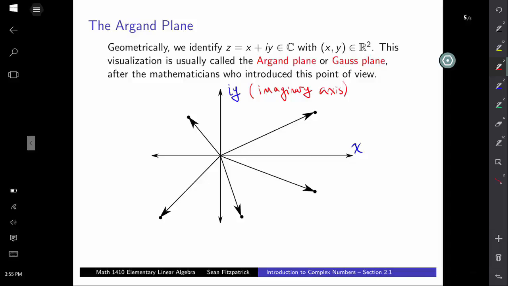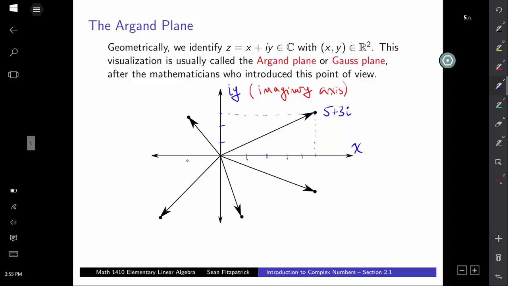And so a complex number can just be viewed as a point in the plane, or as a vector, depending on your point of view. So maybe this is 1, 2, 3, 4, 5 units out, and 1, 2, 3 units up. So this might be, say, the complex number 5 plus 3i.